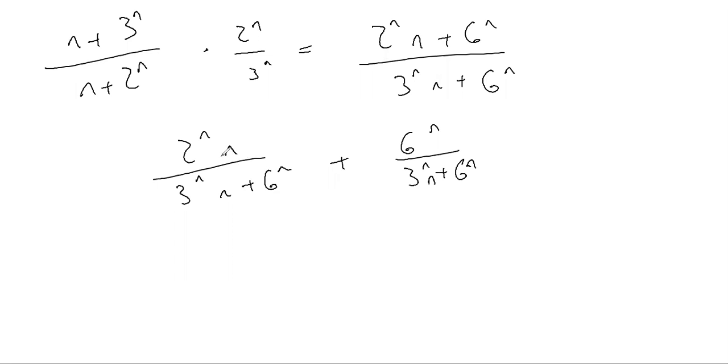Okay, looking at these, maybe it's not clear what the limit is still, but let's see, the limit of this, this is going to be the dominating term here, 2 to the n times n over 3 to the n times n. So the limit of that piece should be 2/3. And then what's the limit here? Okay, we have 6 to the n, and then this is going to dominate. So that should be 0. Okay, let's see, could we double check that?